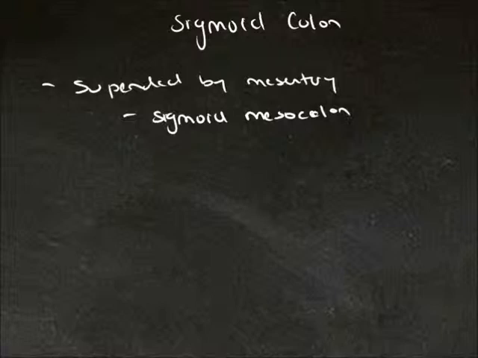Because it is suspended by mesentery, the sigmoid colon is quite mobile. It's usually located around the pelvis region, but it can be displaced into the abdominal cavity.